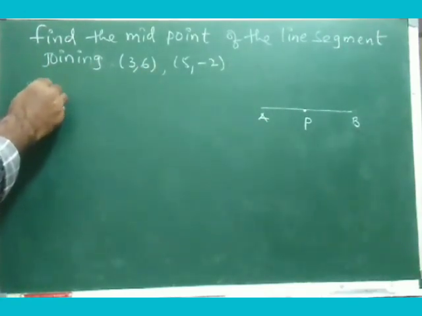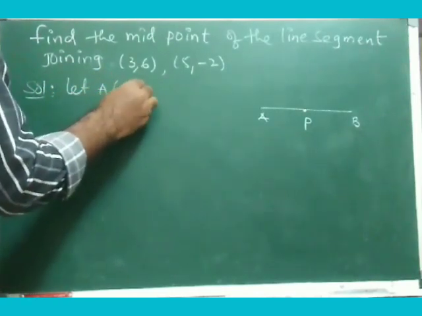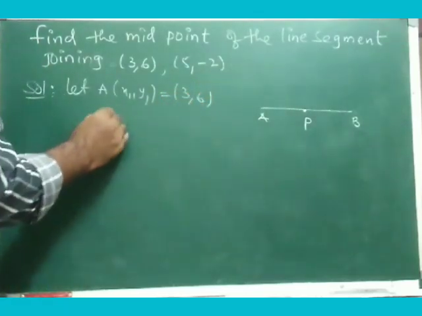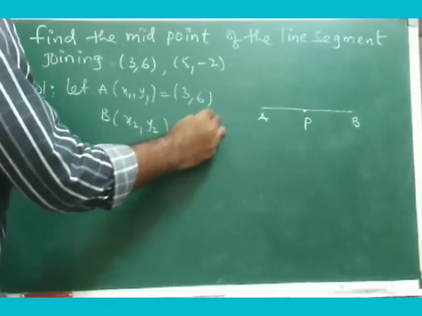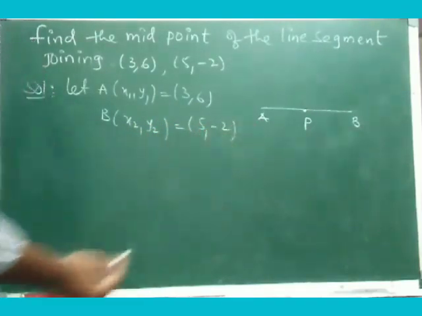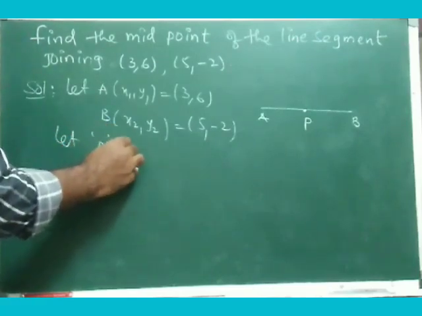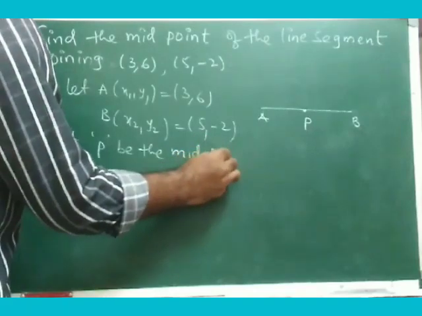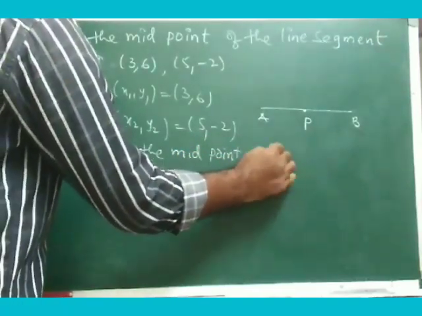Coming to the solution, let A, which is (x1, y1), equal the first point (3, 6), and the second point B, (x2, y2), which is (5, -2). Let P be the midpoint of the line joining AB.